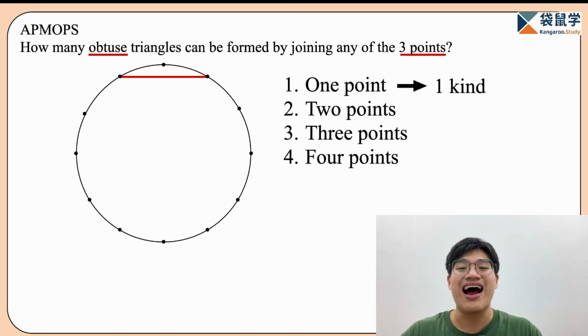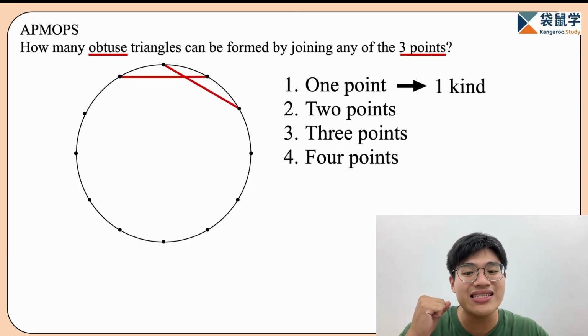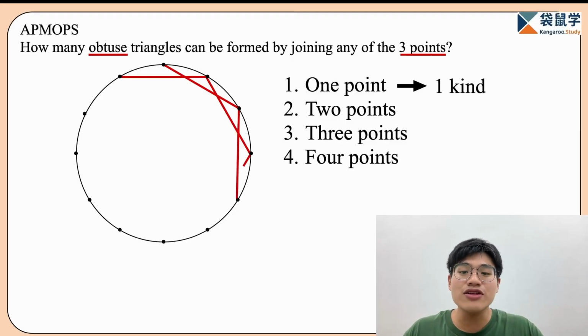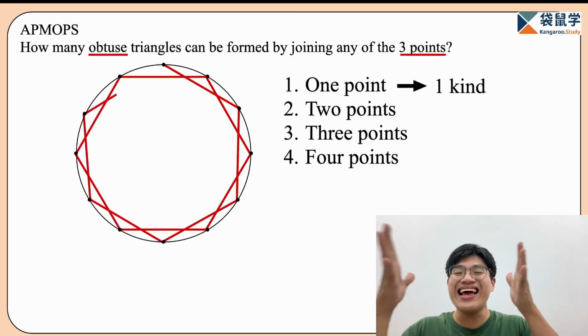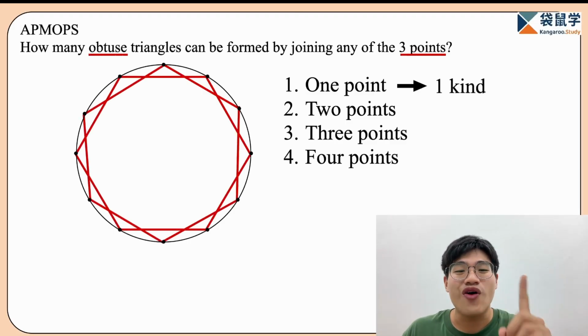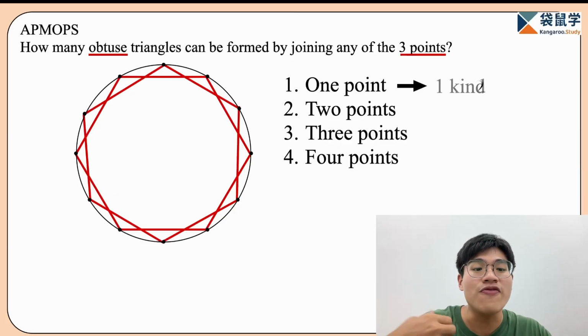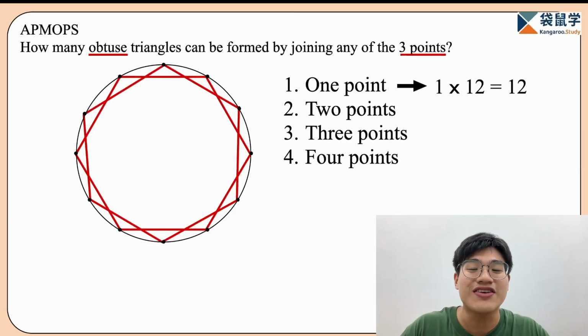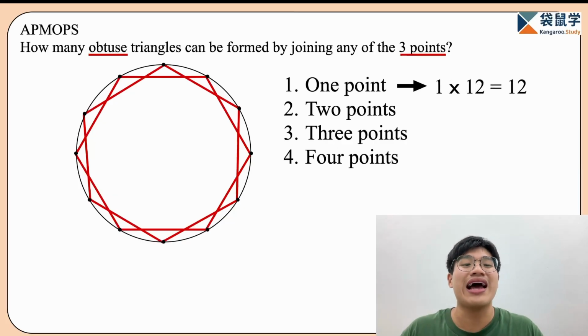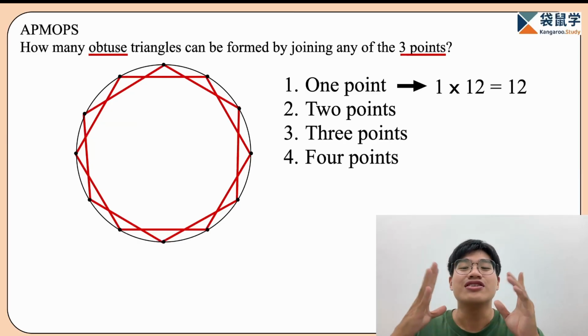And we know that there are 12 points on the circle. So we can draw a line like this, like this, and like this. So for this one kind of obtuse triangle we draw from the 1 point, we can actually times 12, because we can use 12 different points to make the line. So we can have 12 different triangles.